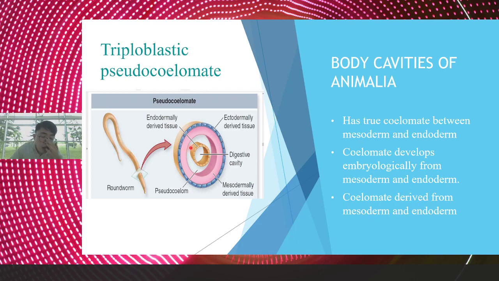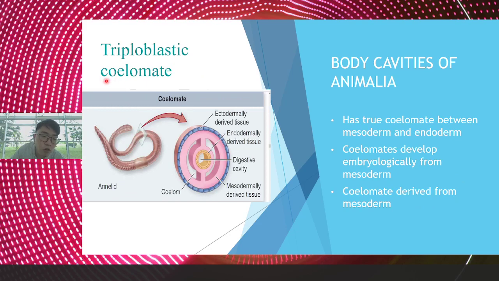So endoderm is yellow color. If you see the differences between the structure of cavities, the coelomate totally has air spaces between mesoderm and endoderm. But it actually has some branches, we can say some connection between mesoderm and endoderm.